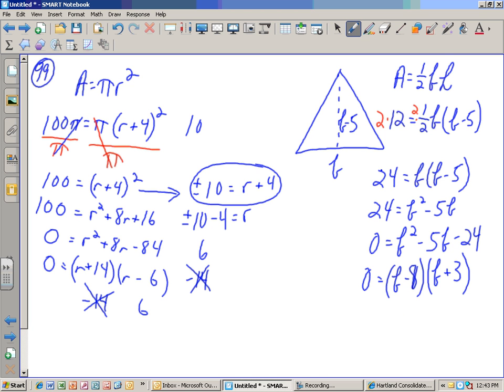My solution is 8 for the base, or negative 3. And the base cannot equal a negative. So the base is 8. The altitude, 8 minus 5. Altitude is 3. Okay, that was number 98. I think 99, that other triangle one, is done very similar.